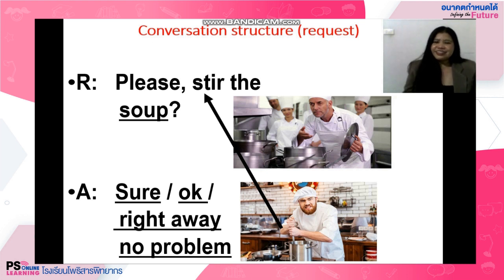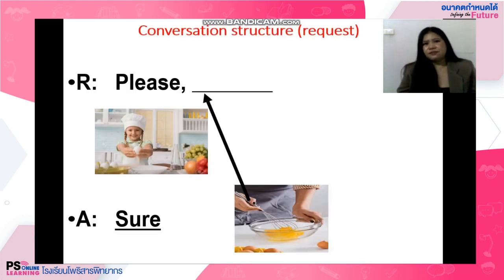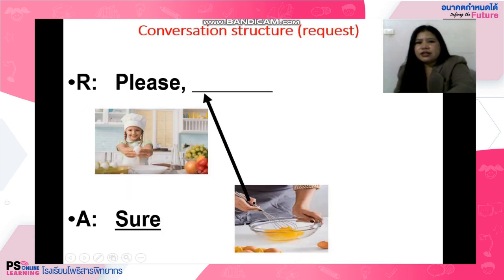Okay, this is easier. Now I will give you another example. I will give the answer, but of course, I will let you think first. So check your vocabulary words.